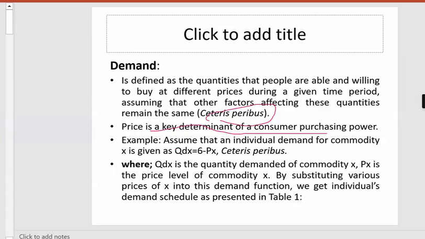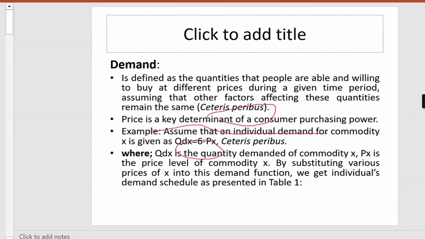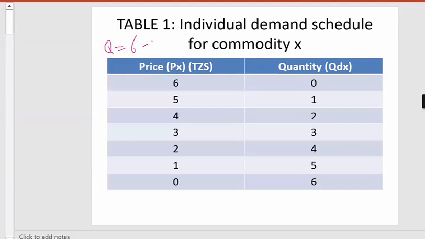For example, just have a look at this. If you say only other factors affect demand, for example, you are having that equation, quantity demanded is equal to what? 6 minus what? Oh, sorry. 6 minus what? Minus P. This is just an example. Minus P what? X.